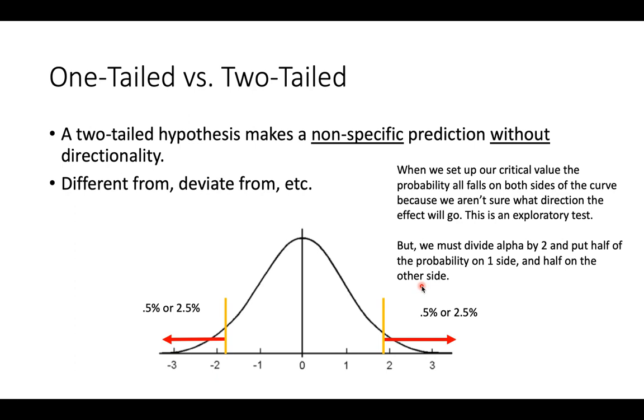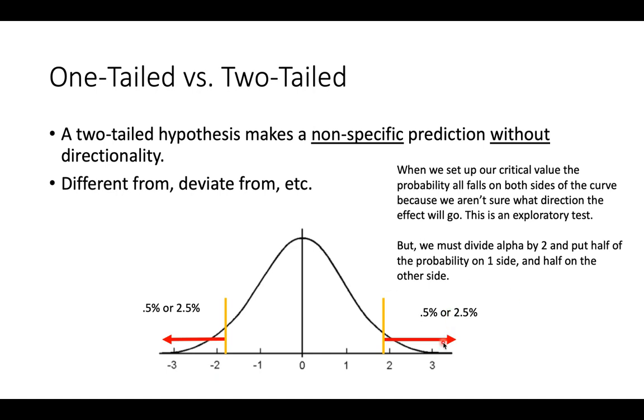So our sample will deviate from, will differ from, will not be equal to, right? These terms don't convey above or below, less, more. They don't convey directionality.